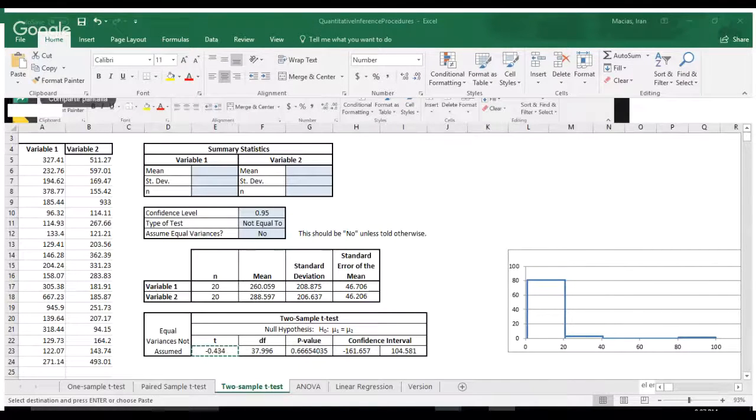No, it doesn't change anything. It's the same. So we still fail to reject, because the confidence level is 0.9, the significance, which is alpha, is 0.1, and we're still greater than 0.1.